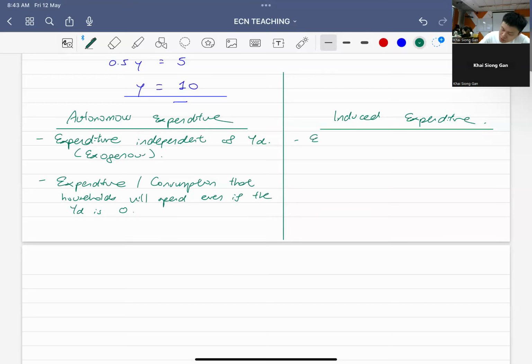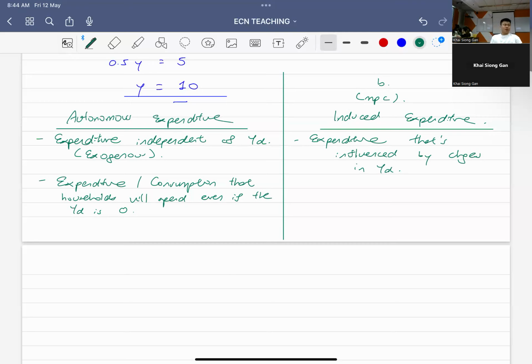On the other hand, when you talk about induced expenditure, we are talking about the marginal propensity to consume, the B. So we're talking about expenditure that is dependent on, or influenced by, changes in income.